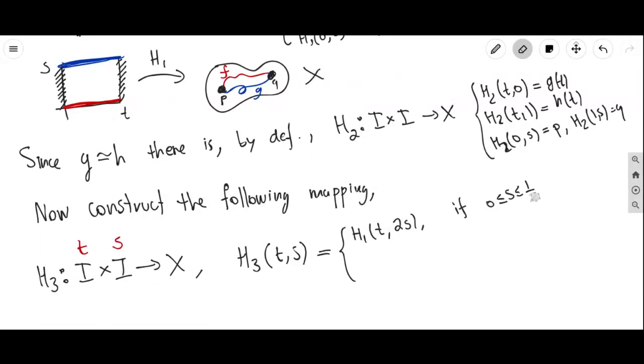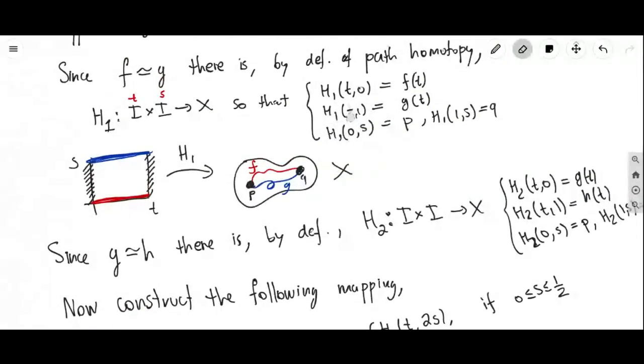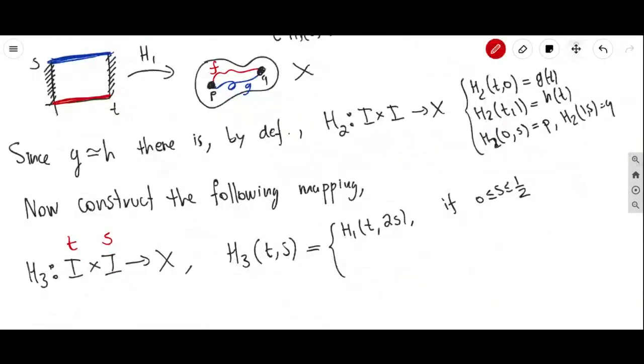We make s go from 0 to 1/2, but move twice as fast. By doing that, we end up with H1 of t,1. You see, if you have 2s and s is equal to 1/2, you end up at 1. And then you have G of t. And then afterwards, you continue with the other homotopy.